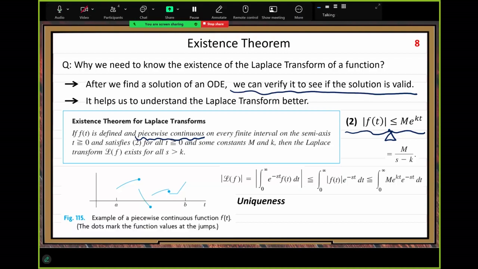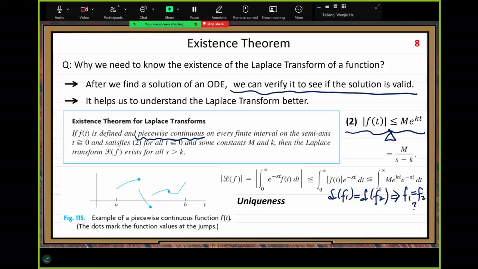For uniqueness, we want to see the case when the Laplace transform of little f1 and little f2 are the same, can we get f1 equals f2?